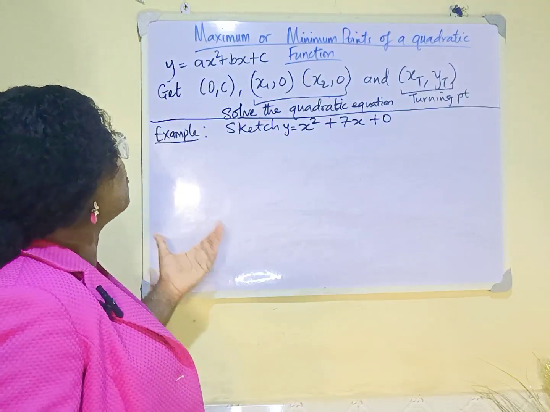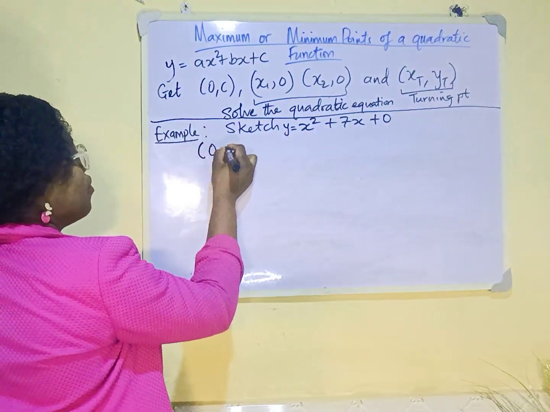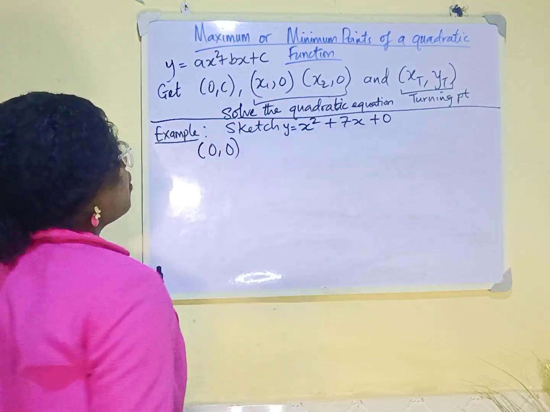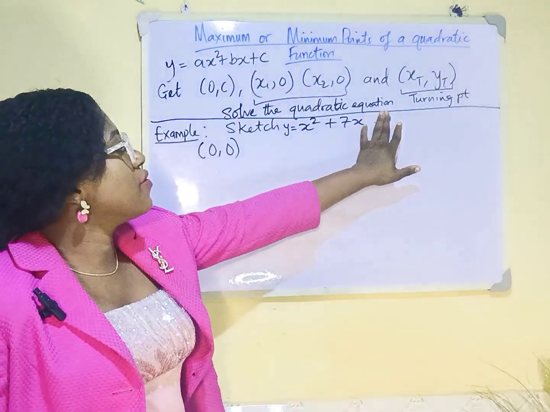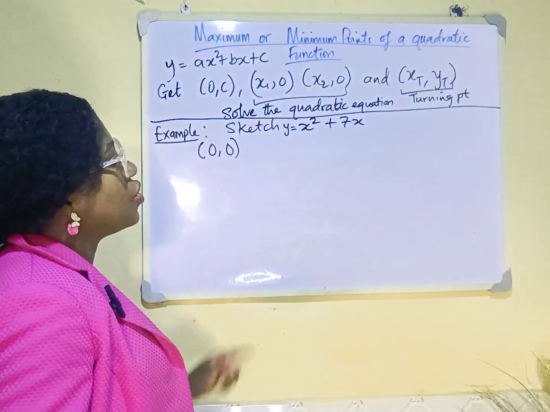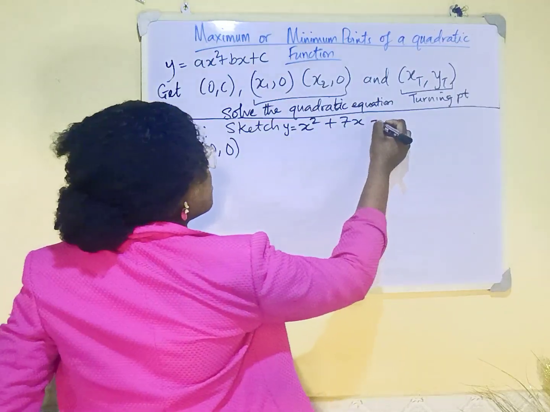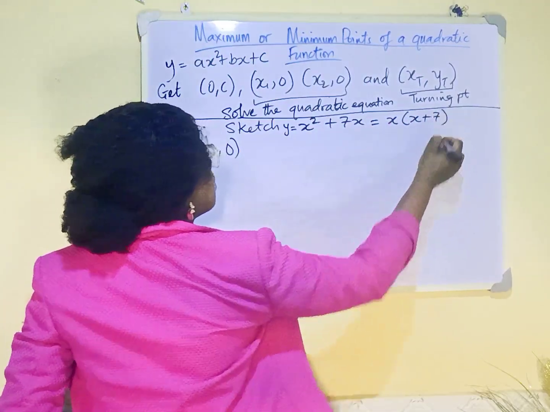Now, how do we solve? I need to get my c, and that is 0, 0. The next step is to solve this quadratic equation. We can get rid of this now. To solve this quadratic equation, you will like to see that this is x times x plus 7.